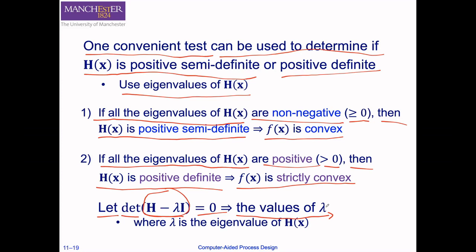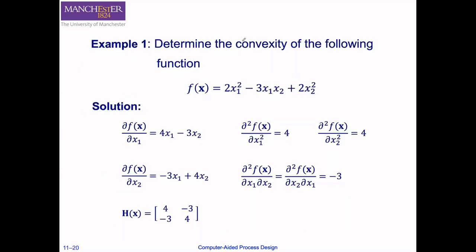If the Hessian matrix is an n times n matrix, then we can get n eigenvalues. Some eigenvalues may be the same, but we should obtain n eigenvalues.